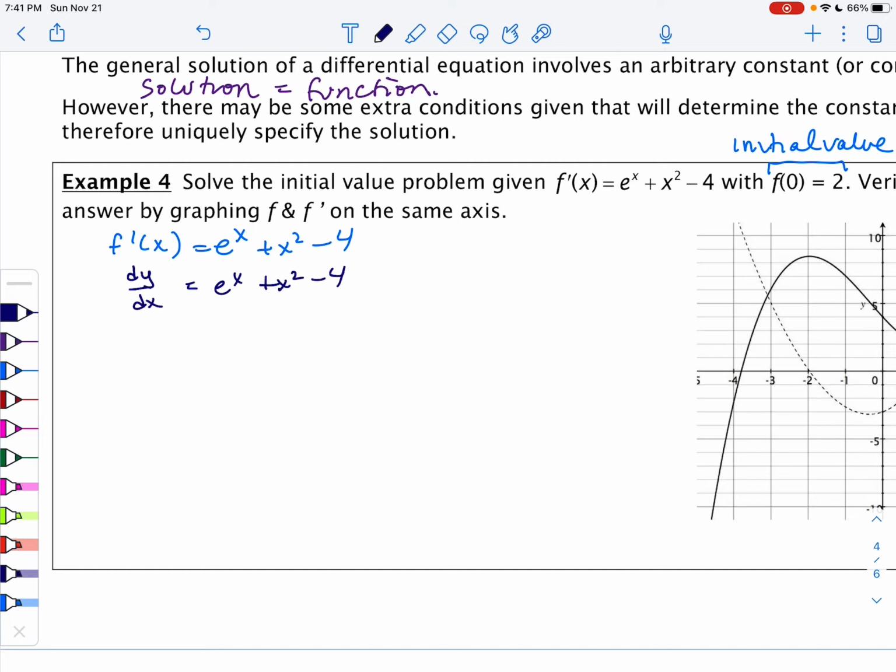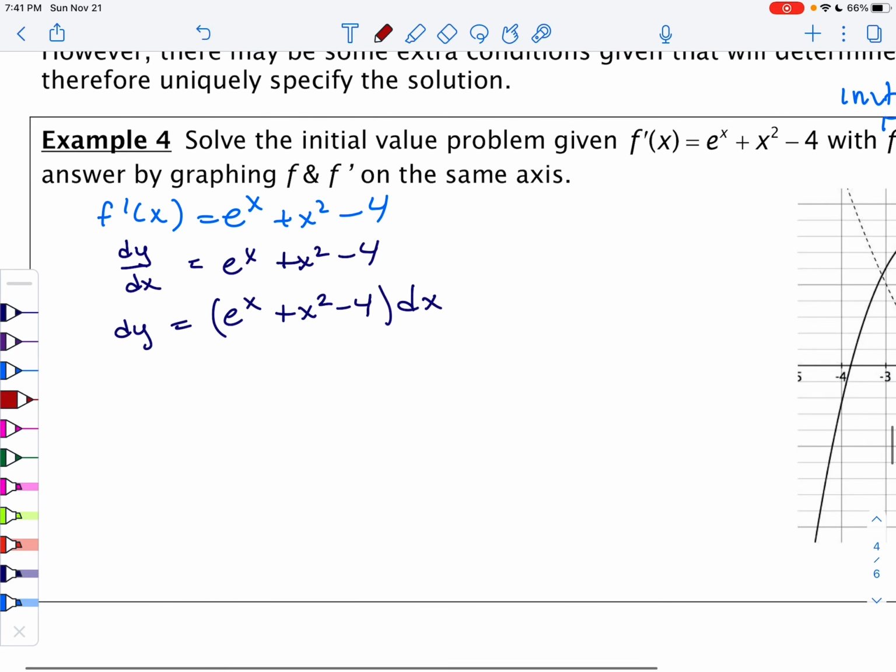We can multiply on both sides by dx and get dy equal to e to the x plus x squared minus 4. And multiplying on both sides, the dx goes away on the left-hand side and it appears on the right-hand side. And now we can integrate both sides.